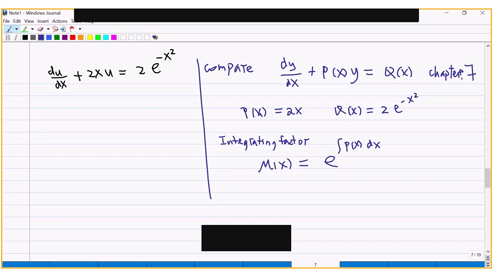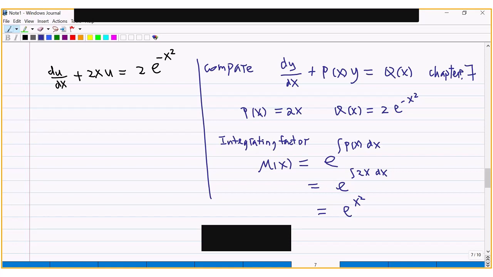Your p(x) is 2x now, so e power integral of 2x dx. Integrating 2x, you get x squared, just using the power rule. And when you find the integrating factor, you don't need the plus c after integration. This is your integrating factor now.